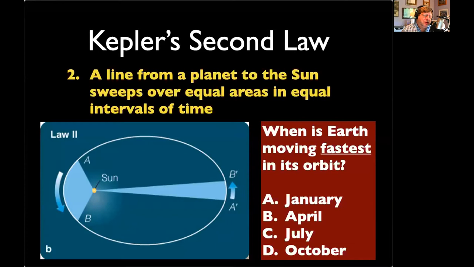And the Earth's orbit is nearly circular. It's not terribly elliptical, unlike Mars's orbit. But it is a little bit closer in January. And so the people that selected January, correct. I don't think I mentioned that in lecture, but it's just interesting to note that the Earth is closest in January.